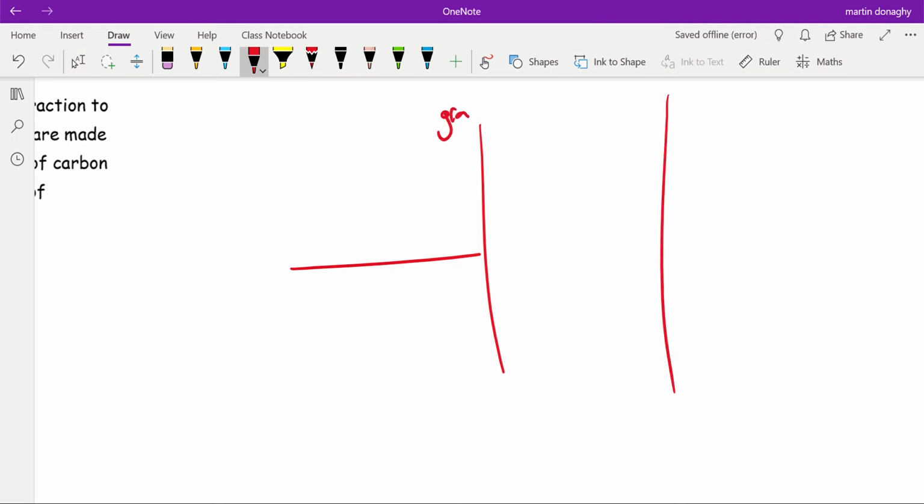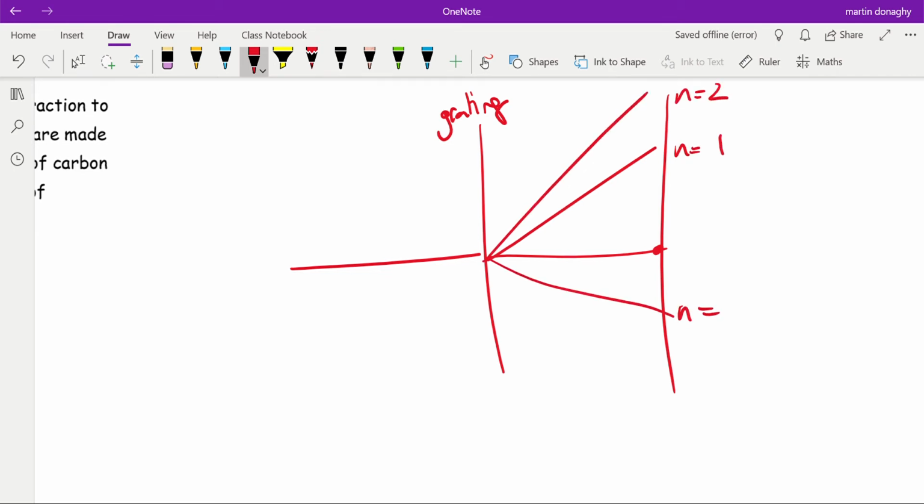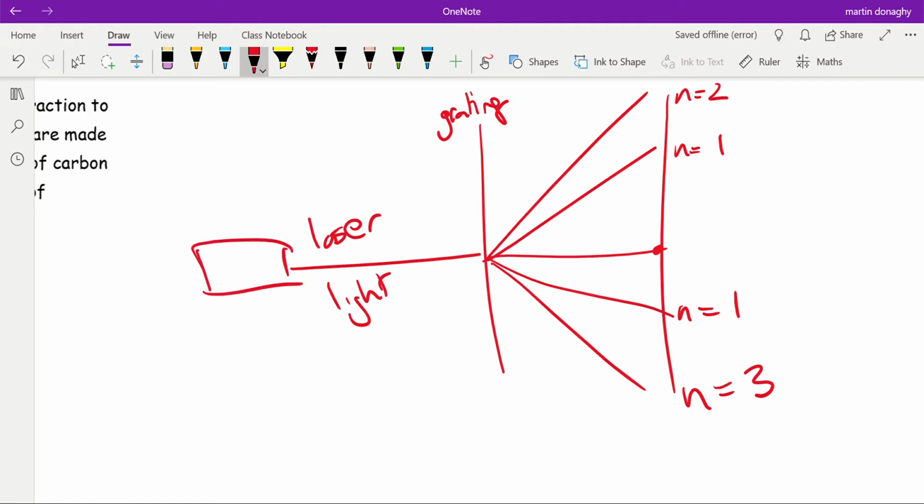So this is our diffraction grating, where we'll get a bright central fringe, then an n equals 1, then an n equals 2, and the same on the other side. And this will be our laser light coming from our laser. We've done that experiment, we've seen the results of that.